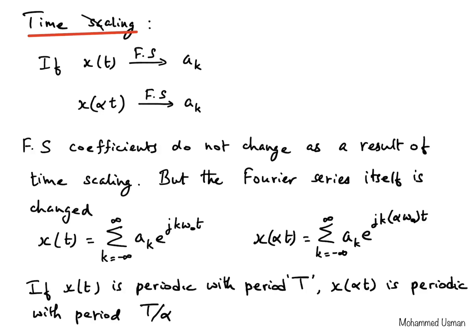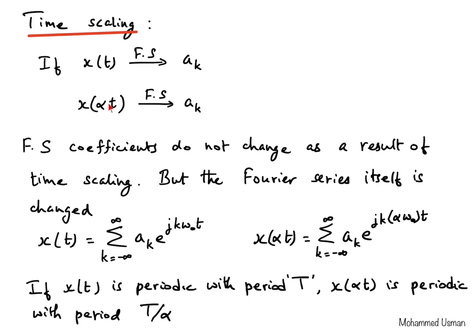Next, we will see the property of time scaling of the Fourier series. That is, if you have a signal x of t with Fourier series coefficients a_k, what are the Fourier series coefficients of x of alpha t? That is the time scaling operator, one of the transformations of the independent variable that we saw right in the beginning of the course.